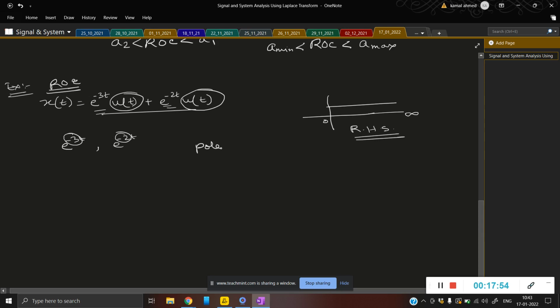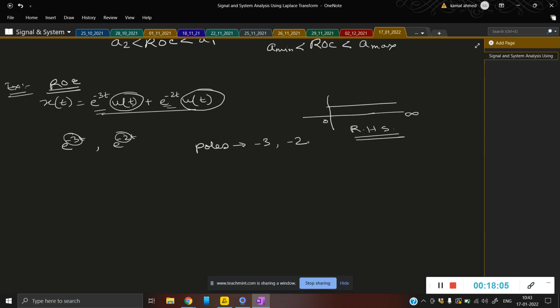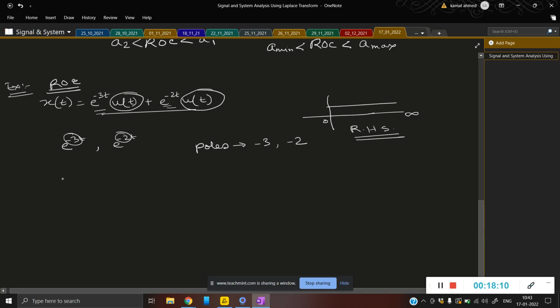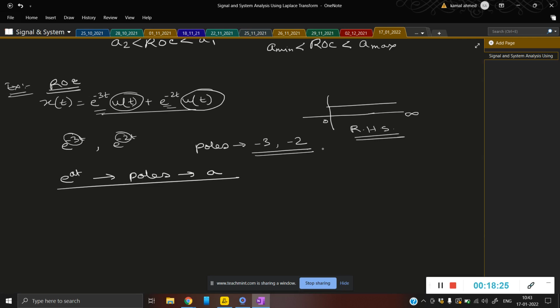If it were e to the power minus 4t, the poles would be minus 3 and minus 4, and if it were e to the power 8t, the pole would be 8. Now tell me, among these, which one is the maximum, minus 3 or minus 2?